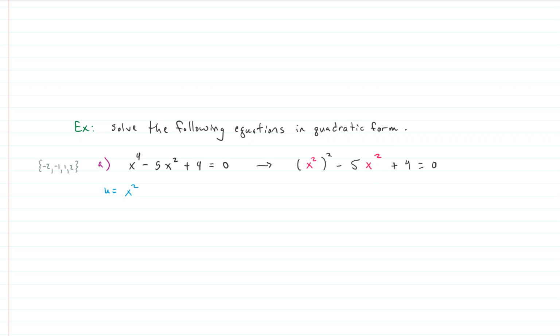Those can be changed because we're using u equals x squared as our substitution. So this x squared is going to be replaced with u, and this x squared is going to be replaced with u. What do we get when we do all of that? We get our new equation, which is u squared minus 5u plus 4 equals 0. And now we can solve this.